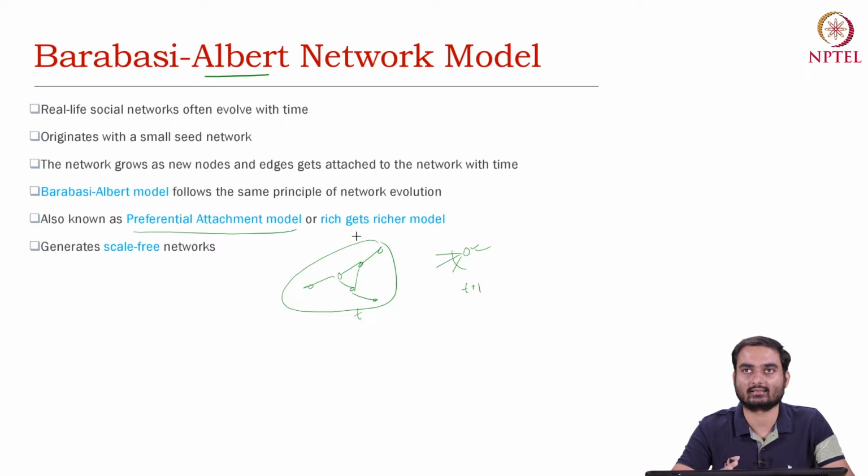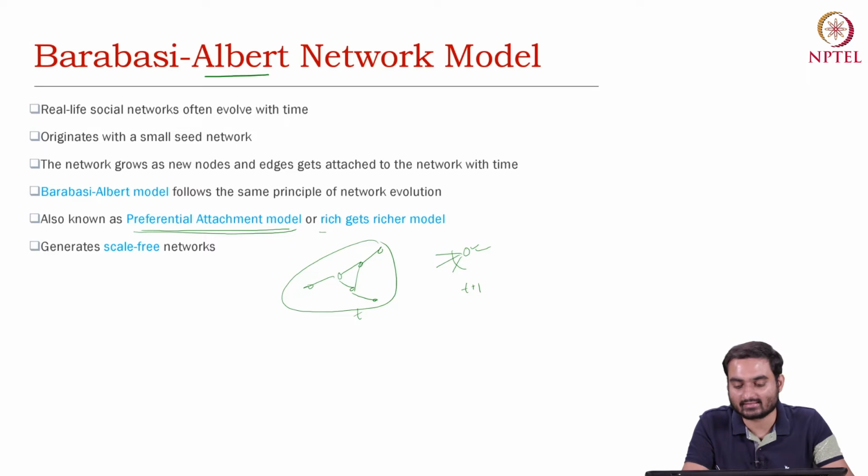Let's say node 1 has degree 10 and node 2 has degree 1. The likelihood that node 1 receives an edge is higher than node 2. This preference with respect to the degree of nodes is why it is called the preferential attachment model.